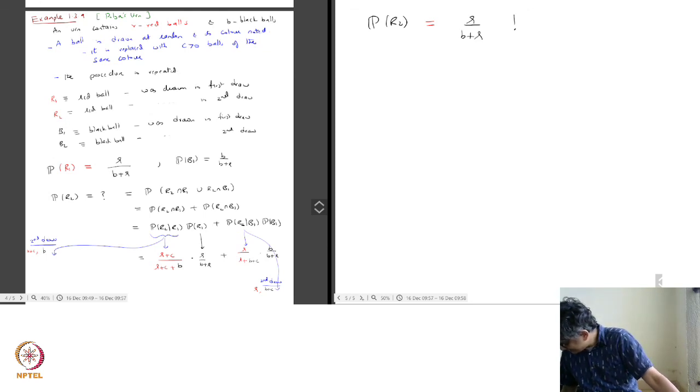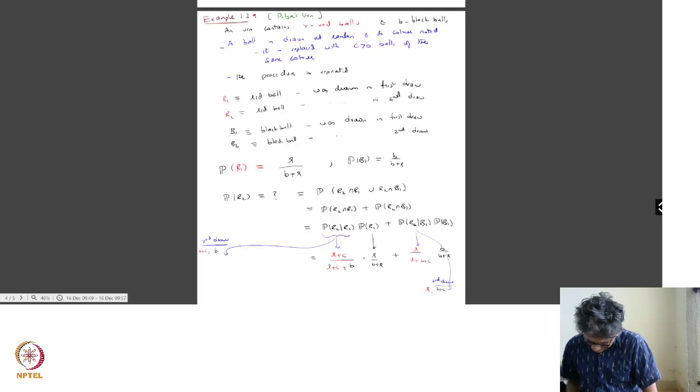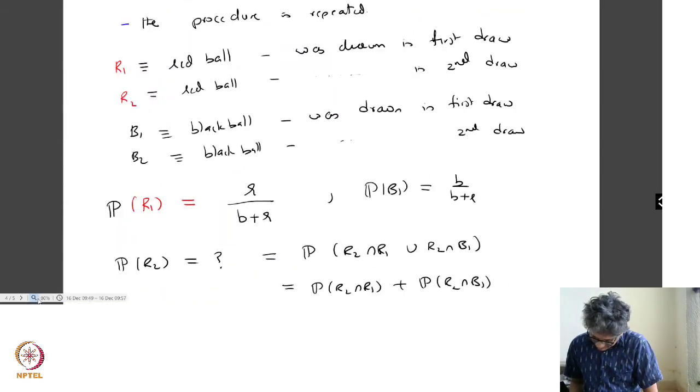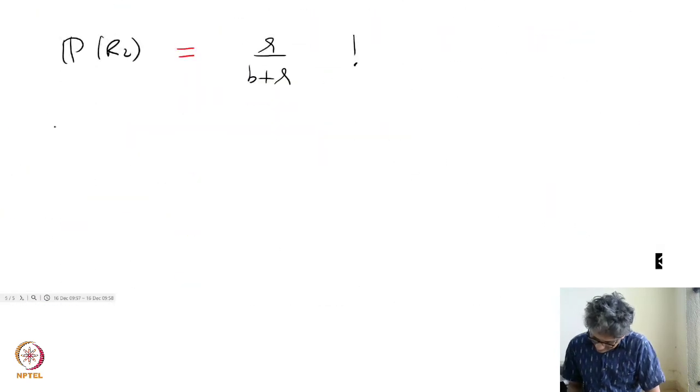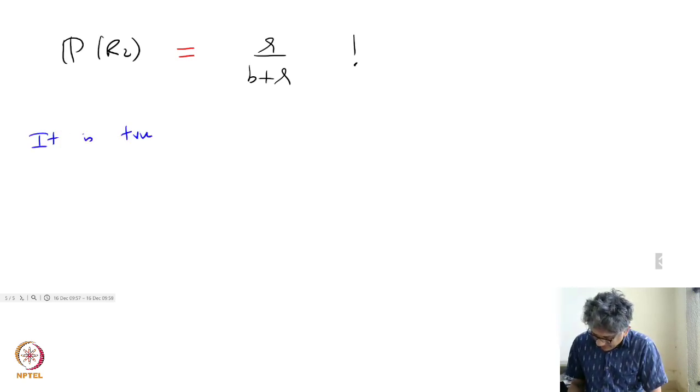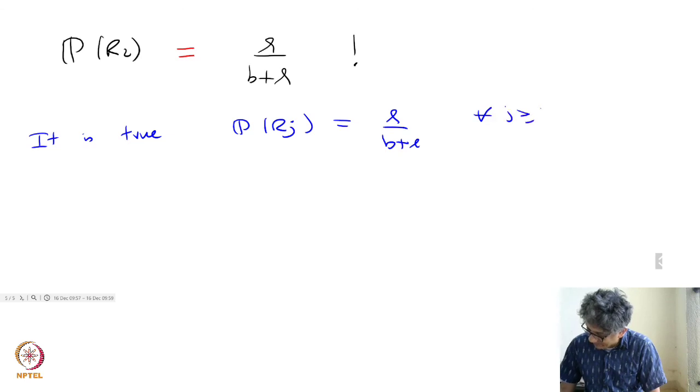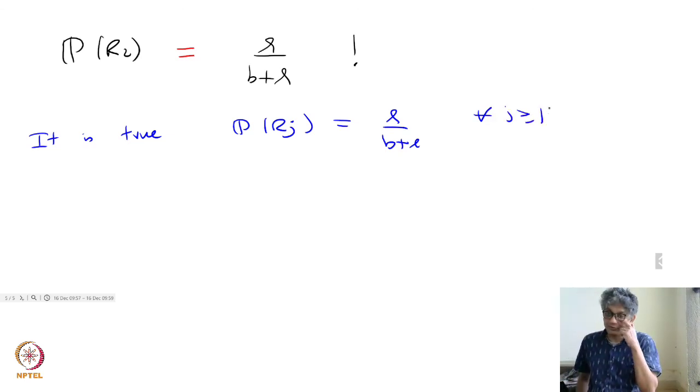So let me write that down. The remarkable feature of this model is that one can check that the probability of Rj is R over B plus R for all j greater than or equal to 1, given the first one which I verified.